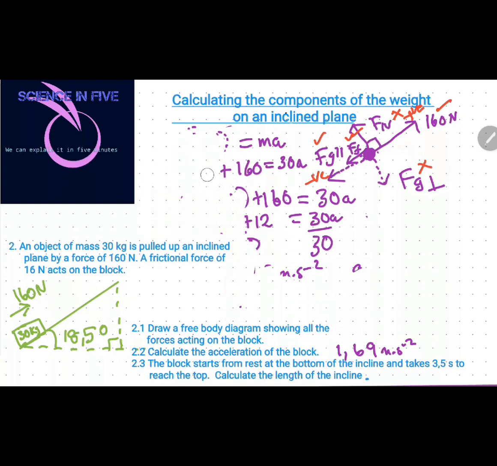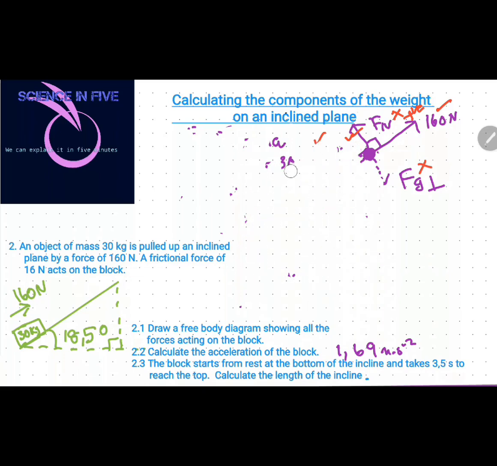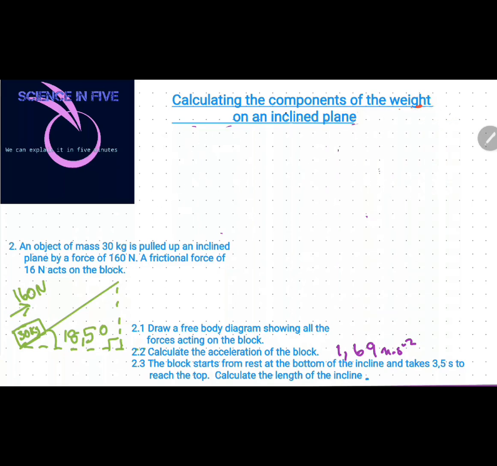Next, the block starts from a rest position. Okay, it's another keyword that we always need to be aware of. A rest position simply means the initial speed of this box is naught.